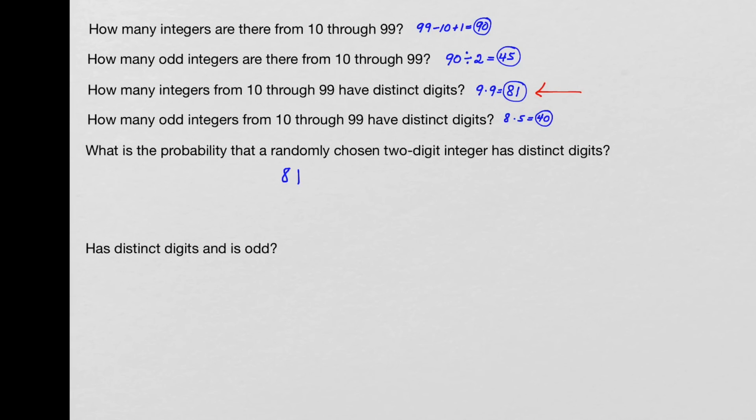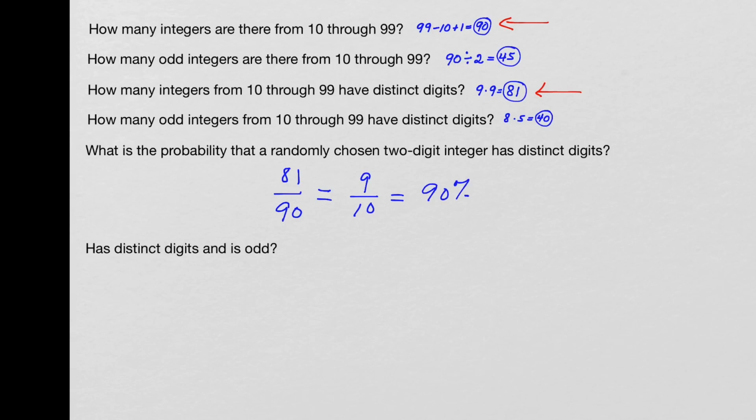And we're going to divide that by 90 because that's how many 2-digit integers there are. And we got that from here. So 81 over 90, which is 9 over 10, or 90%. You want to give it as a percentage.